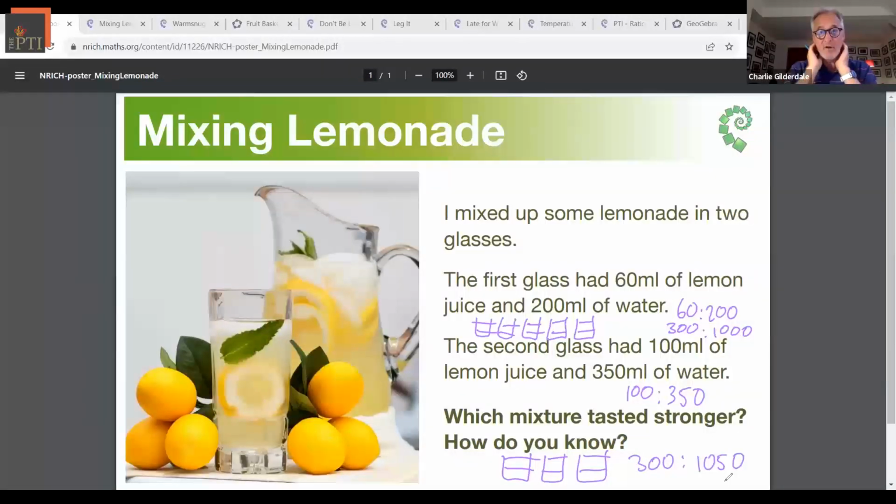The reason I've got 5 glasses of the first and 3 glasses of the second is that by doing that, I've got an identical amount of lemon in both. I've got 300 milliliters of lemon in both. And in the first one, I've got a little bit less water than in the second one. So the first mix will be slightly stronger.